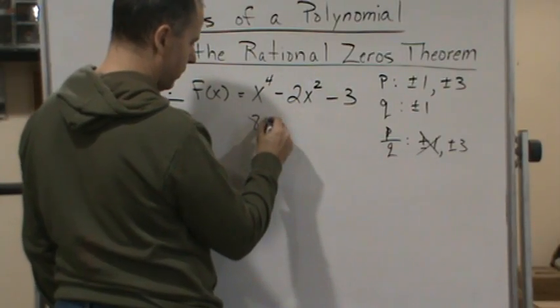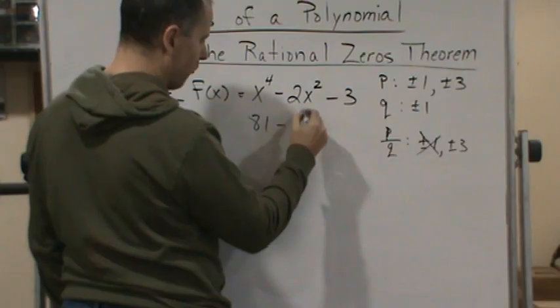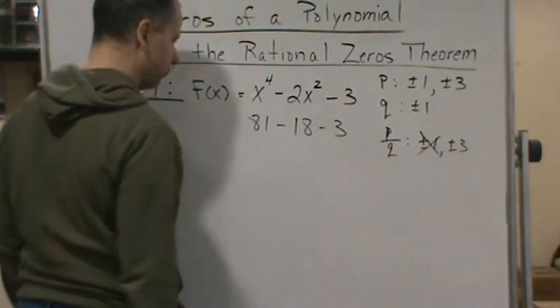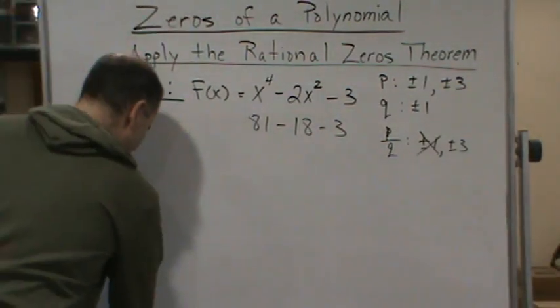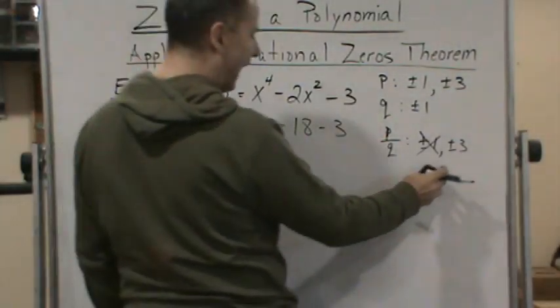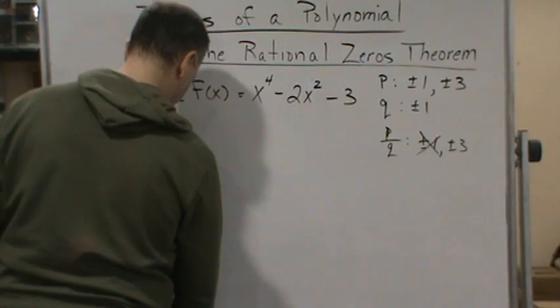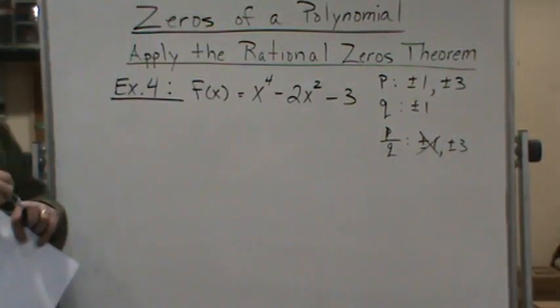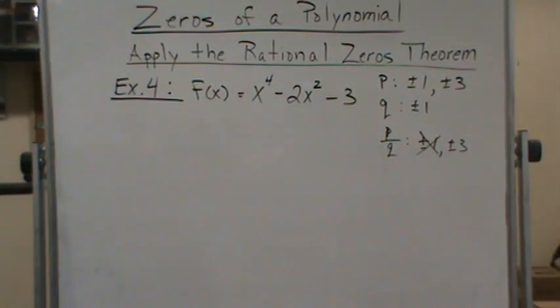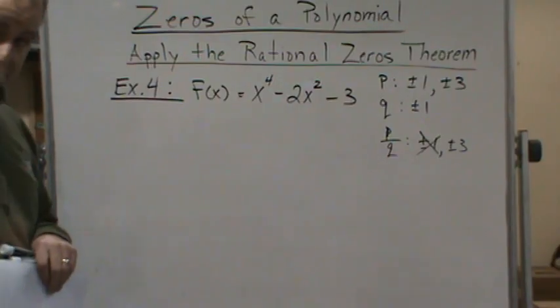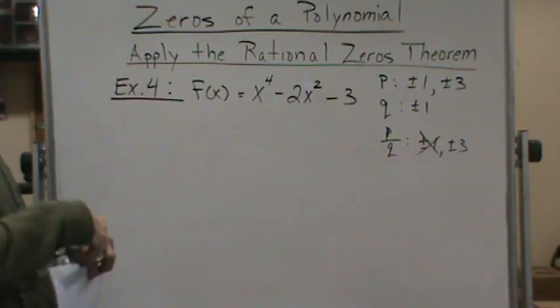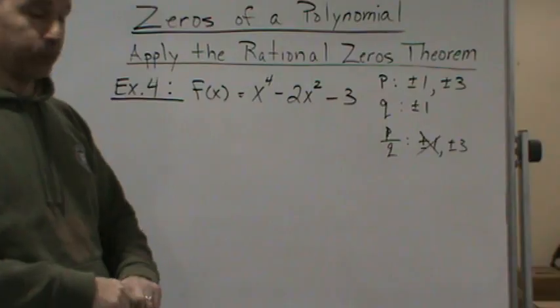So this is going to give us 81 minus 18 minus 3. Okay, so now in this case, none of our candidates for being a rational zero worked, which means there are no rational zeros. But we're not done because remember our toolbox.